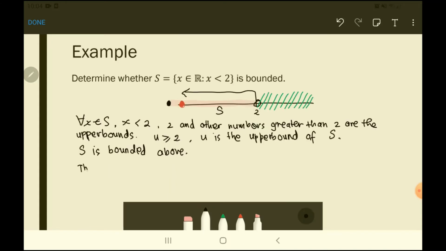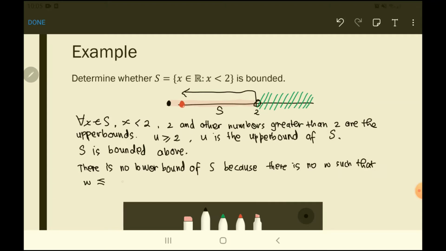So there is no lower bound of S because there is no w such that, see, this is the definition of lower bound, w is less than or equal to x for all x element of S. Oh, I'm going to use x here so that it's consistent with what we did for the upper bound.